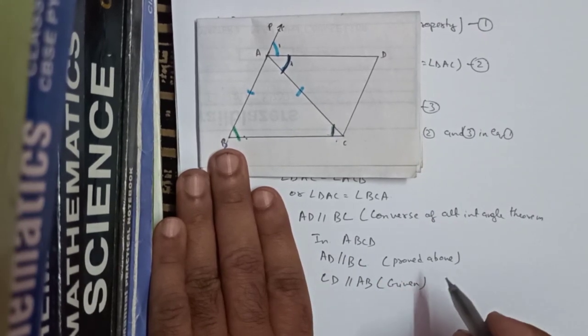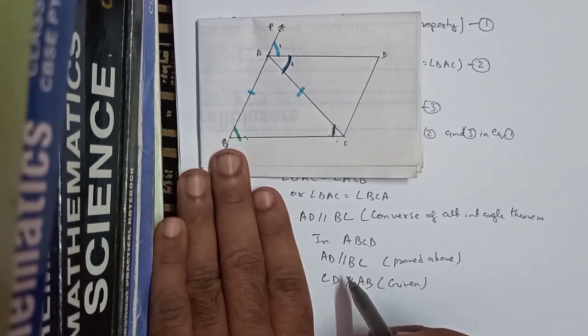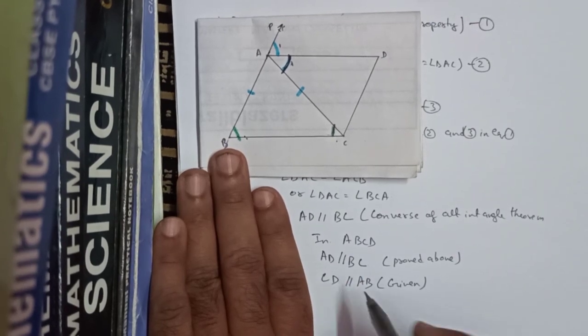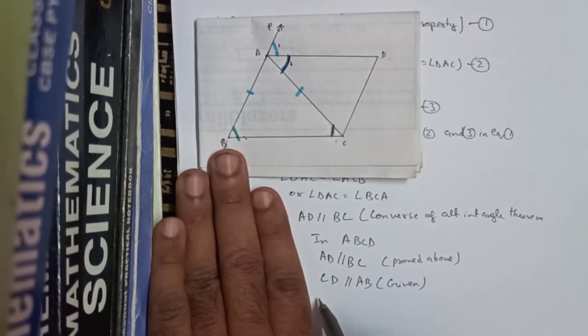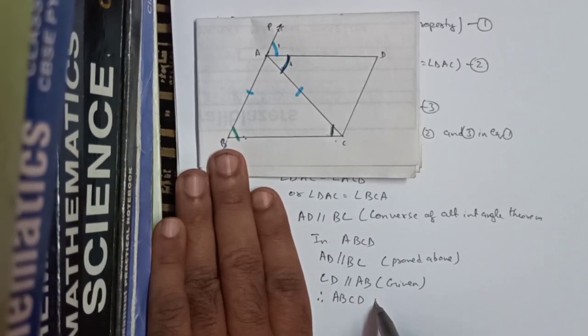So in a quadrilateral ABCD, if both pairs of opposite sides are parallel, therefore we can say that ABCD is a parallelogram.